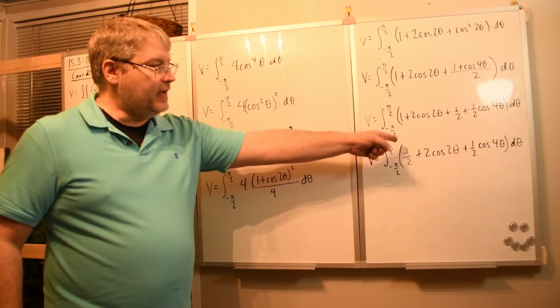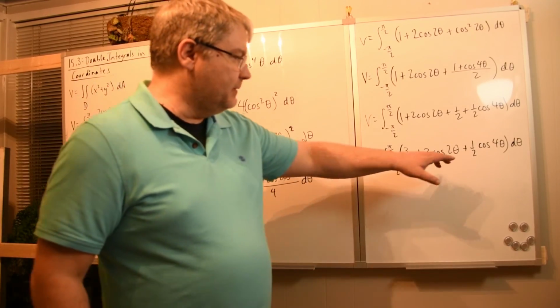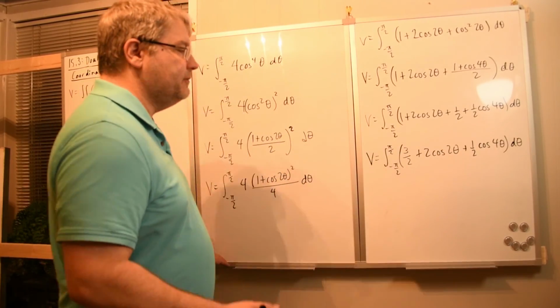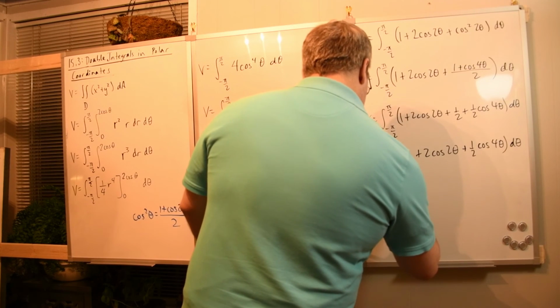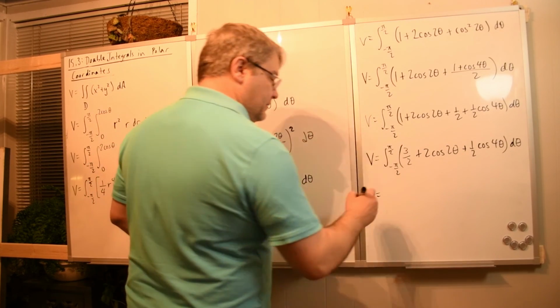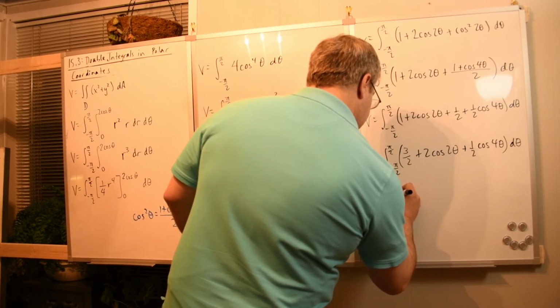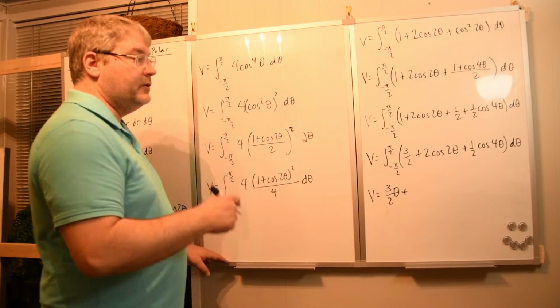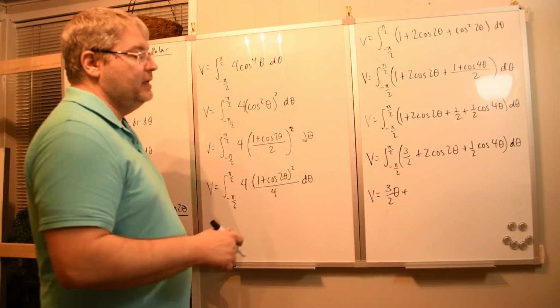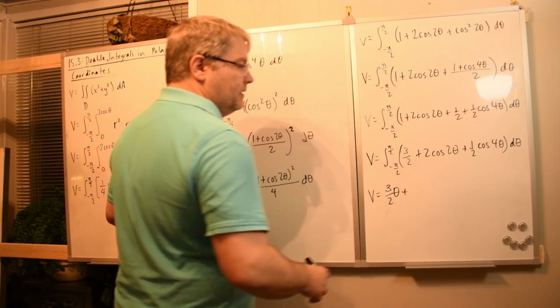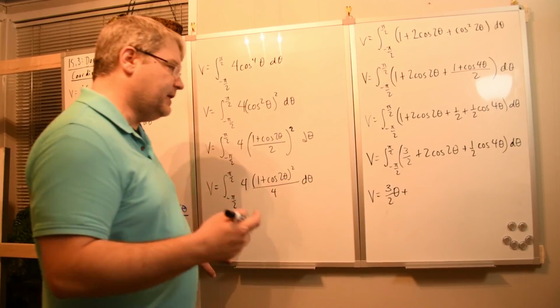All right, so now we're ready to integrate. We know how to integrate things like cosine 2 theta and cosine 4 theta. So the volume is going to be, when we integrate the 3 halves, we'll get a 3 halves theta. Then the 2 cosine 2 theta, integrate that, you get 2 times sine 2 theta over 2. Okay, that's just sine 2 theta.